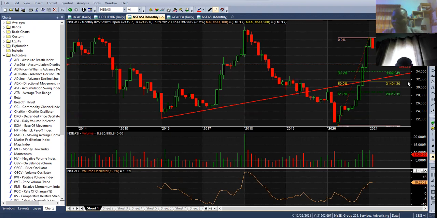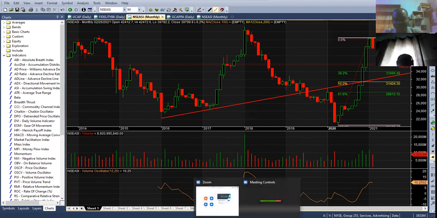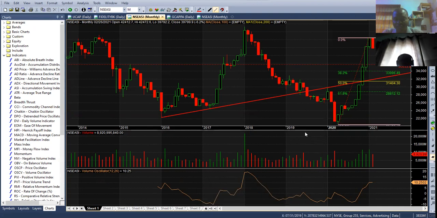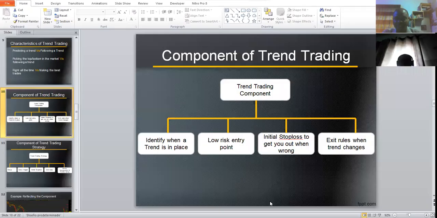So the zone of 35.63 and 33.99 is a retracement zone before we can be thinking of buying stocks, before we can be thinking of resumption in the trend in the NSE. So these are things that will help us. These are things trend trading does. It makes you identify a trend and know when there's going to be a correction and the resumption of the trend. Then you have a low risk entry point.